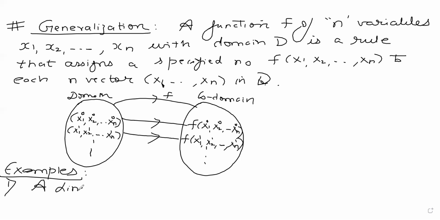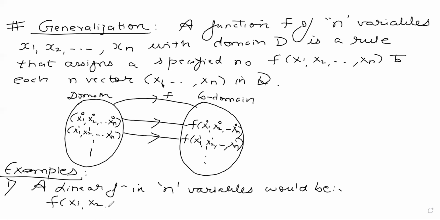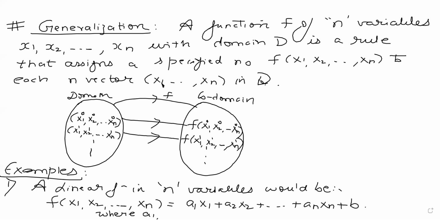So a linear function in n variables would be f of x1, x2, dot dot xn, which is going to be a1 x1 plus a2 x2 plus dot dot an xn plus the constant b, where a1, a2, an and b are constants.